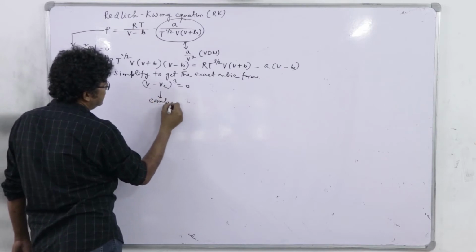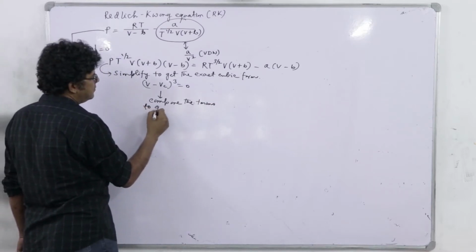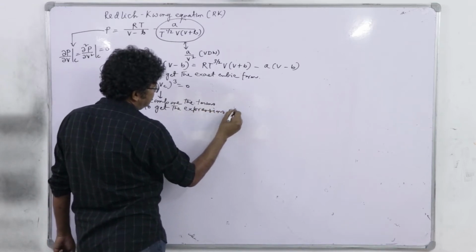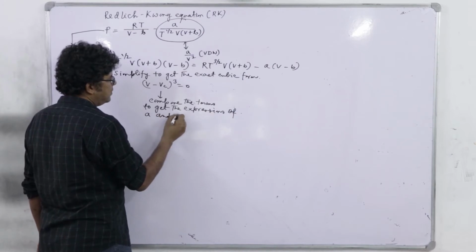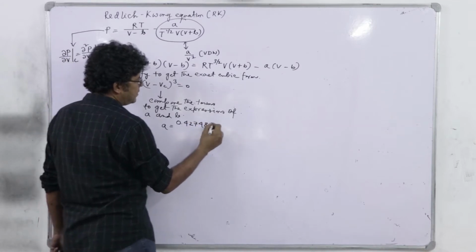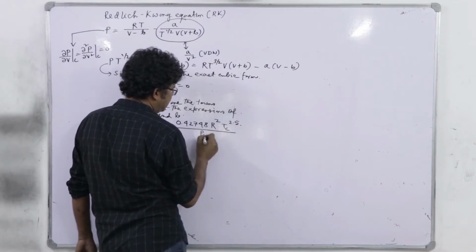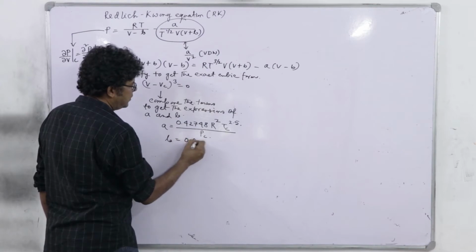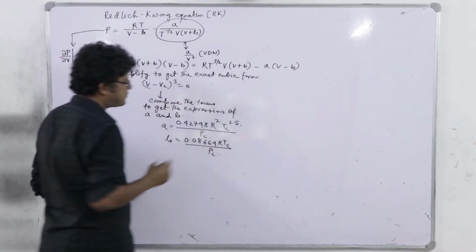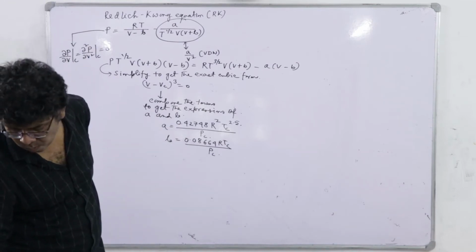Compare the terms to get the expressions of A and B. So, A is 0.42748 R square Tc to the power 2.5 divided by Pc, and B is equal to 0.08664 R Tc by Pc.